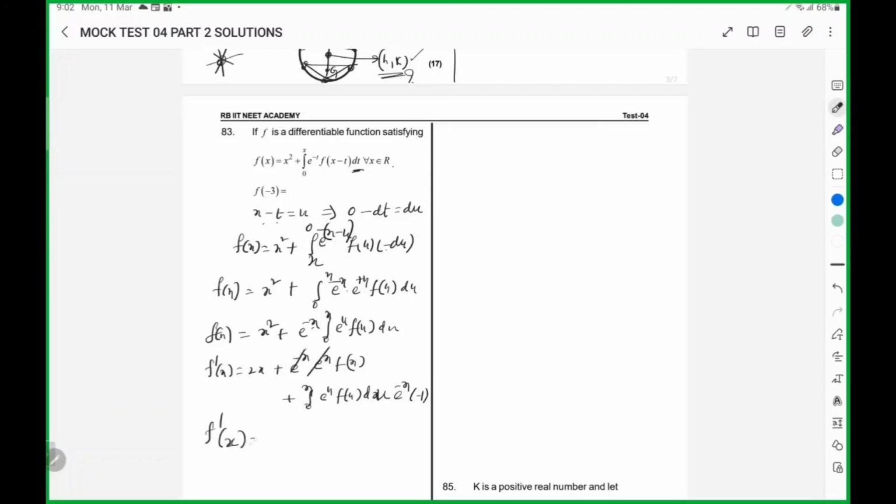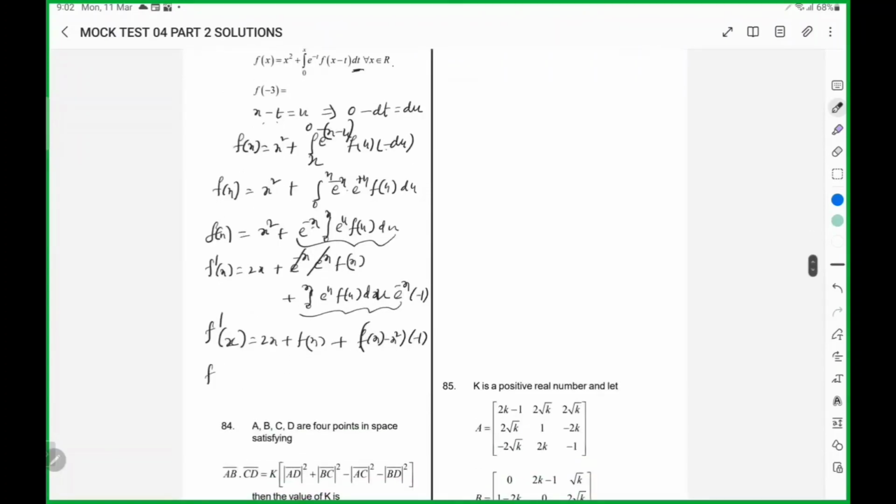F dash x here is this whole thing, so f dash x is minus fx plus x square. F of x is... f of minus 3 will be 9 minus 27.